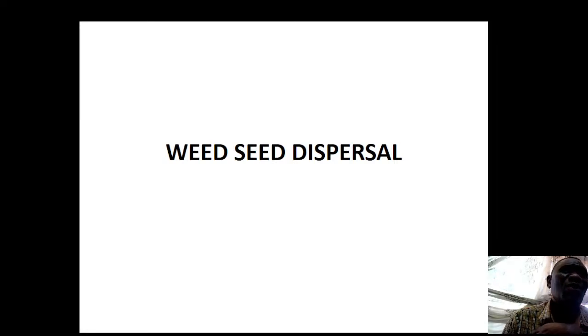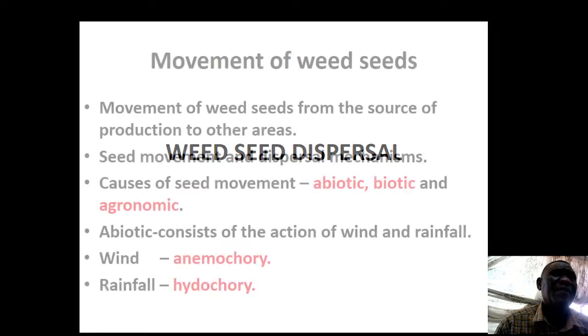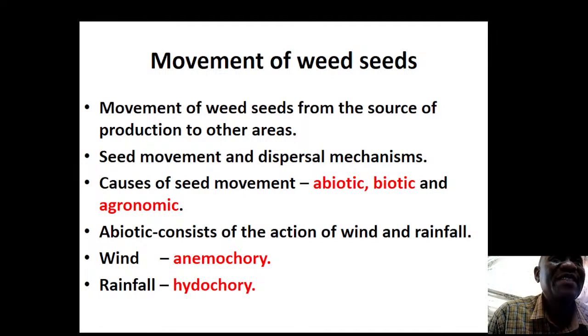This is the movement of weed seeds from the point of production to other areas. So this is basically the movement of weed seeds from the source of production.